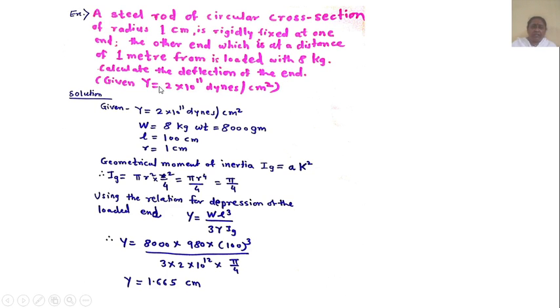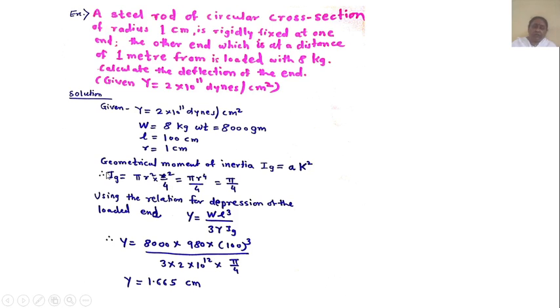Also given Y equal to 2 into 10 raised to 11 dyne per cm square. In solution, we have given Y equal to 2 into 10 raised to 11 dynes per cm square. Also weight W equal to 8 kg, that is 8000 gram, L equal to 100 centimeter, r equal to 1 centimeter.